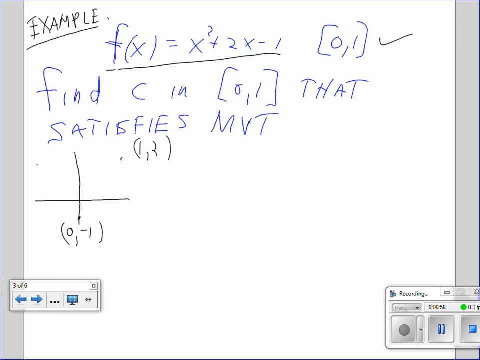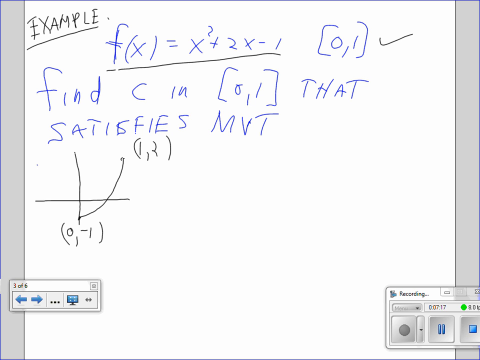I'm just going to assume it goes through like that. Maybe some kind of quadratic thing. It's a quadratic, so I'm going to draw it like that, where the minimum hits here. But anyway, here's my function.